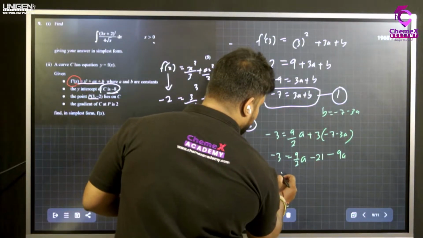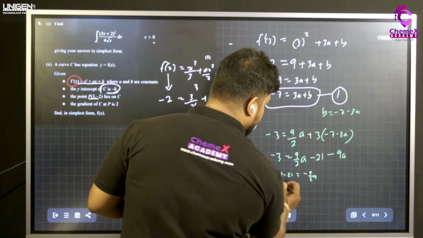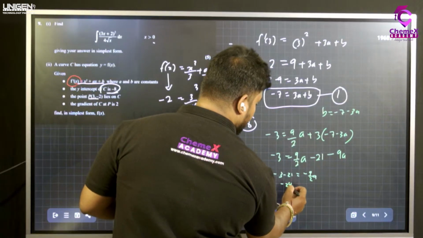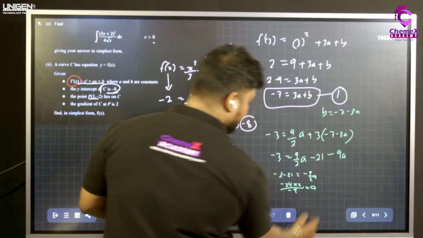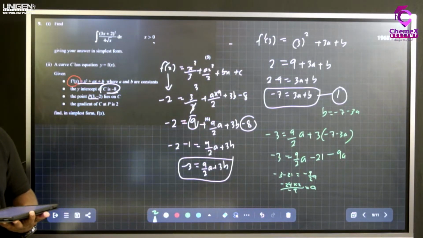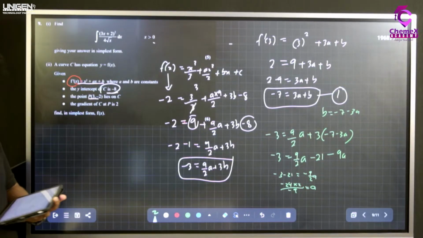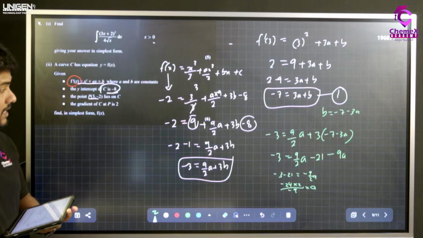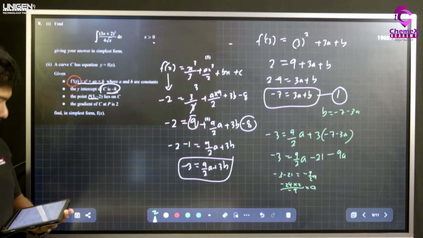So minus 3 minus 21 equals minus 9 over 2a. So minus 24 into 2 divided by minus 9 equals 8. What is it? Still there is some mistake somewhere in the equations. I put 8, right?